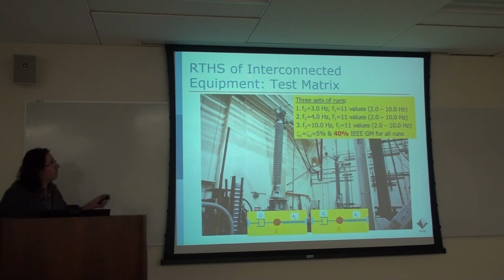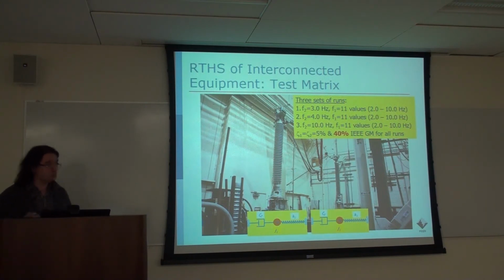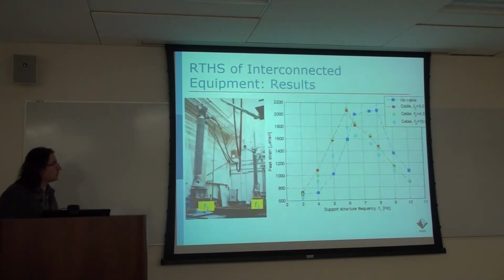And we repeated this for 3 support structure frequencies of the second table. And then eventually this results in a total of 33 runs, where we had different cases of support structures on each side. And we were able to investigate the dynamic response of the full set of structures.